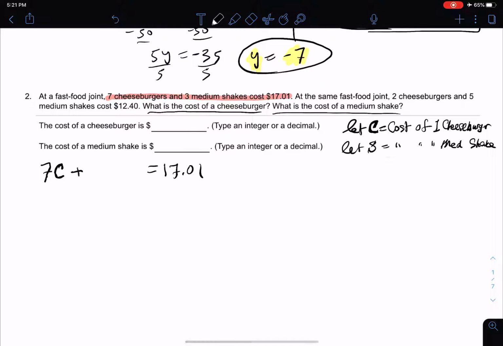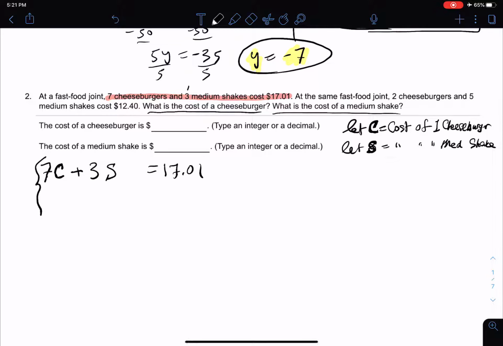Similar logic, I've got 3 medium shakes here. I don't know the cost of a medium shake, so that's why we're using this S. And so 3 times the cost of the medium shake, which is S, is going to give me the total cost of the shakes. So the total cost of the cheeseburgers plus the shakes gives me the $17.01. And there we go.